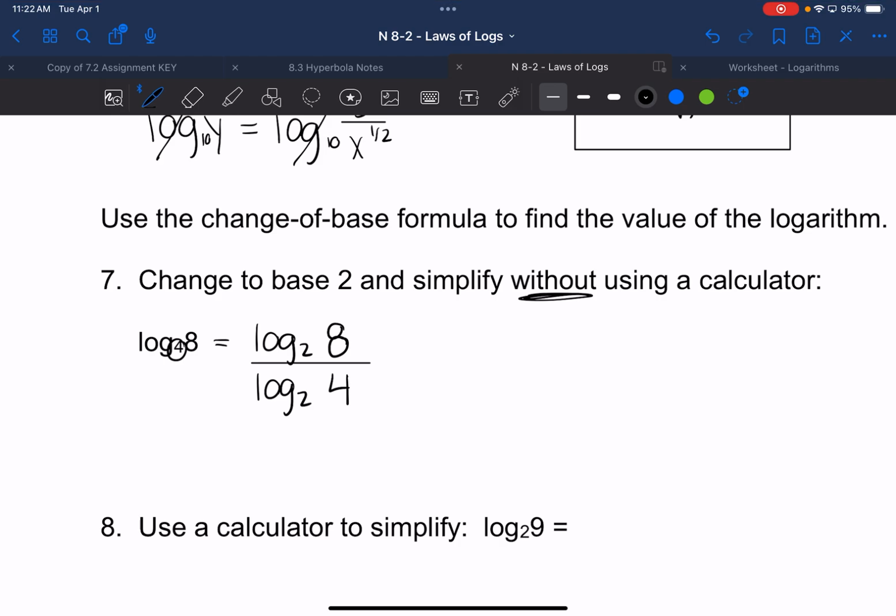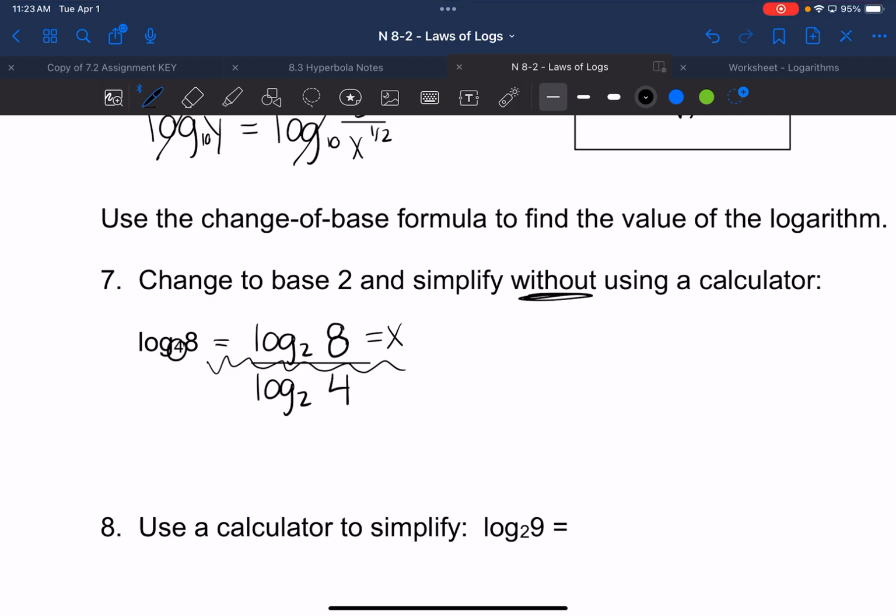Now, quick reminder though, this is kind of like what we were doing yesterday, right? I got a logarithm in the top, I got a logarithm in the bottom. So these are not equal, so I can't just cross out the logs, right? There's no equal sign in between them. What I can do is say, okay, I'm going to ignore everything below the line, right? Right now, I'm just going to concentrate on the top, okay?